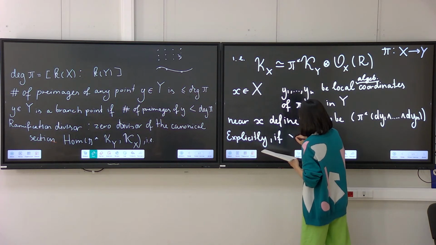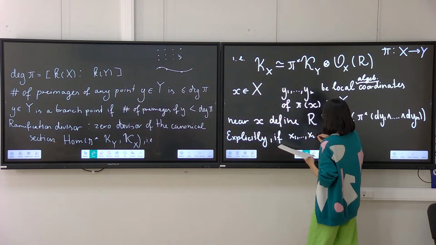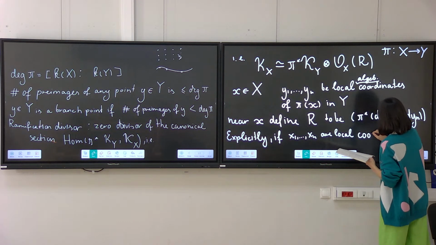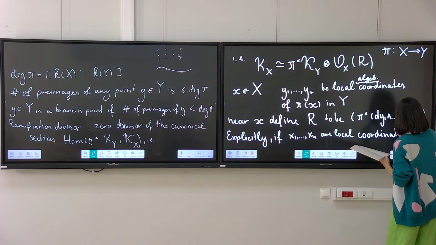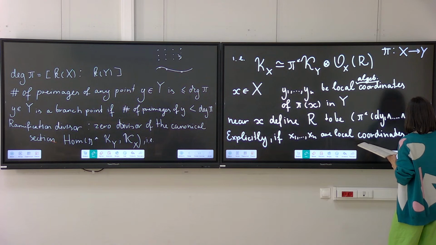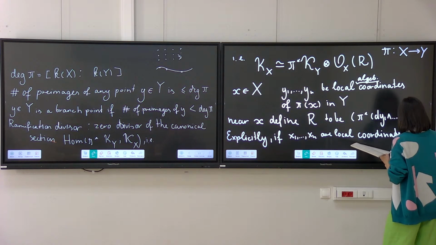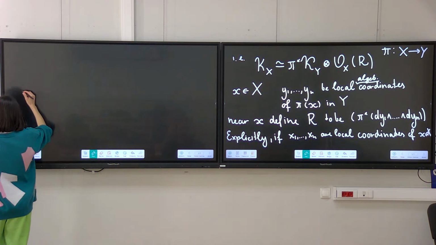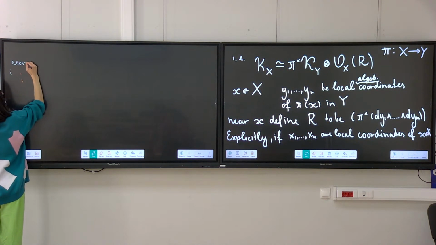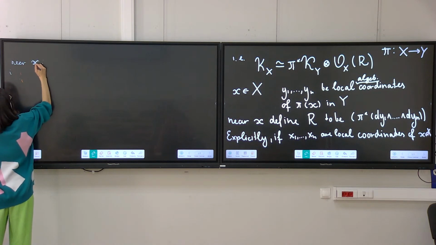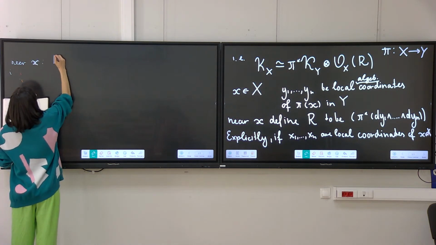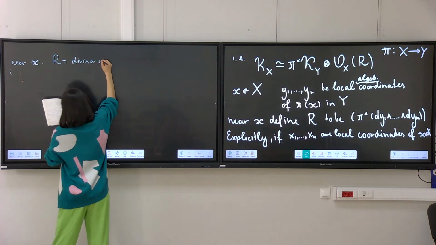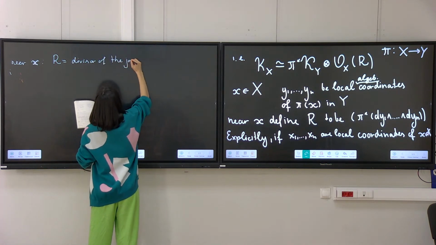If x are local coordinates of the point x, then the ramification divisor is just the divisor of the Jacobian.